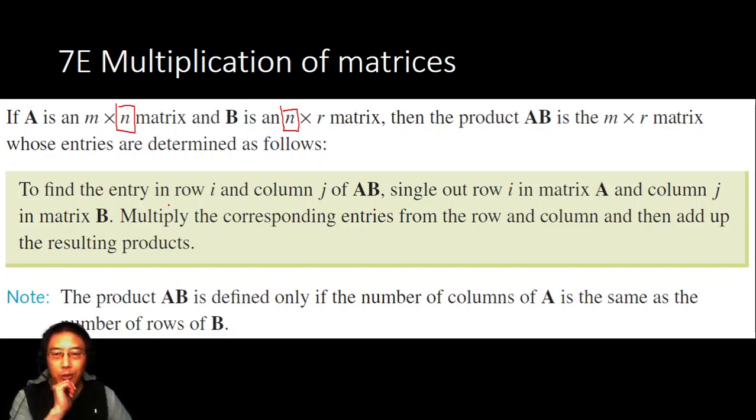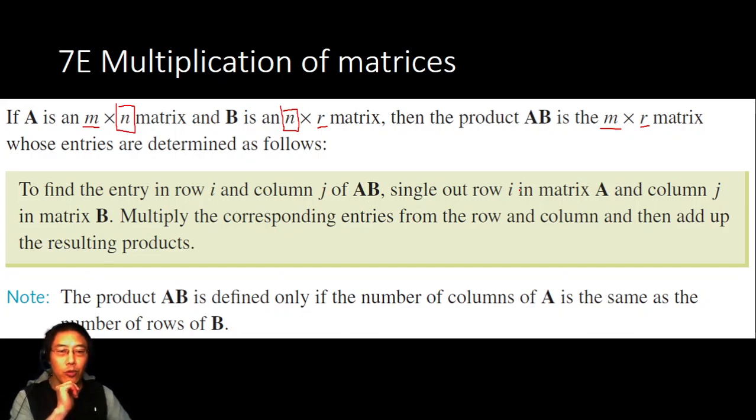Now here's the statement, how to do the multiplication. To find the entry in row I and column J of the product matrix, the answer, by the way, is an M by R matrix, so coming from matrix A, it's M rows, and matrix B gives you R columns, so the answer is M by R. Let's go back to this.